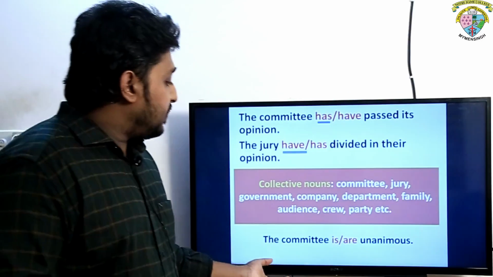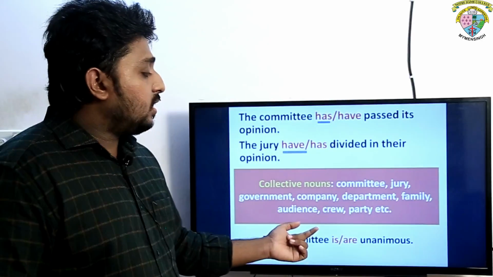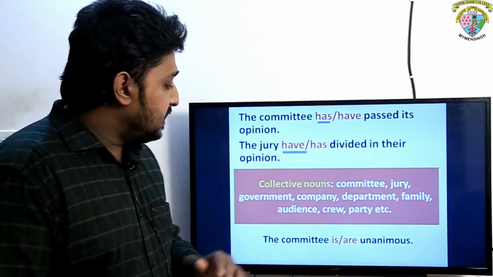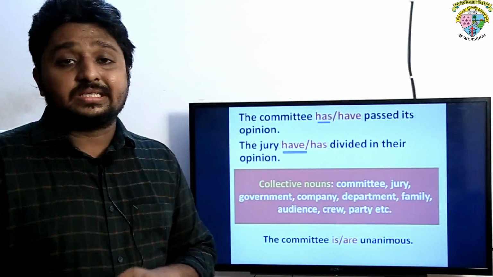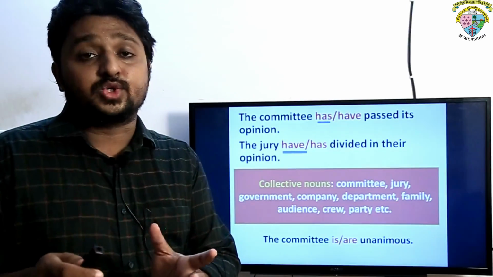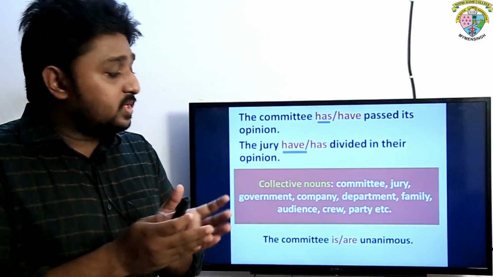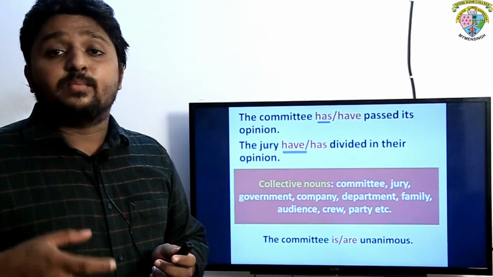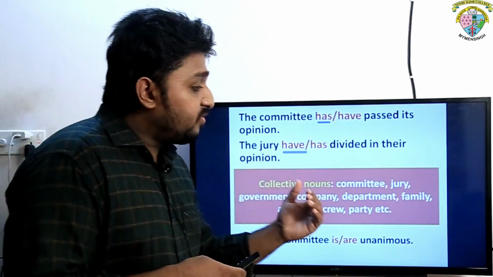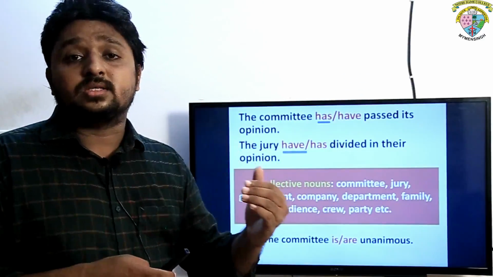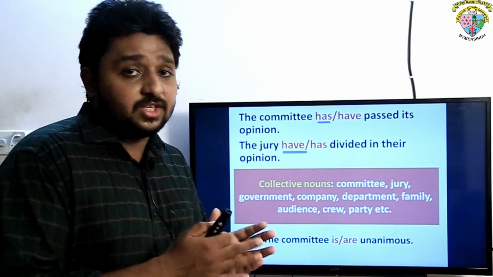So another example we can see: the committee is or are unanimous. Correct pronunciation is unanimous, with a y sound. If you pronounce it wrongly, then if you need to use the article, that time you can make mistakes to select the article an, because before a vowel sound, we know that always an is situated.